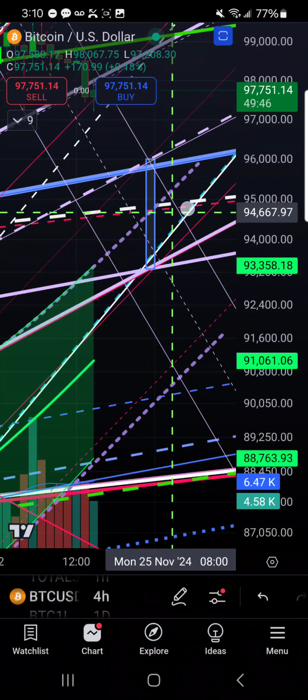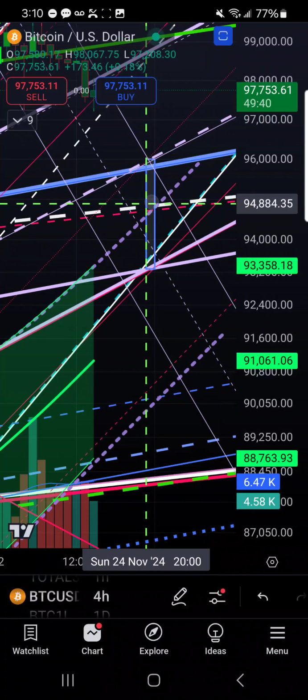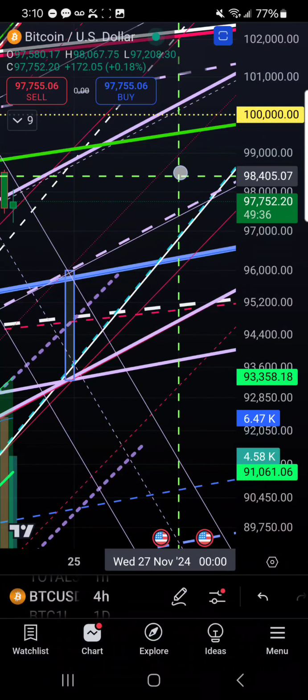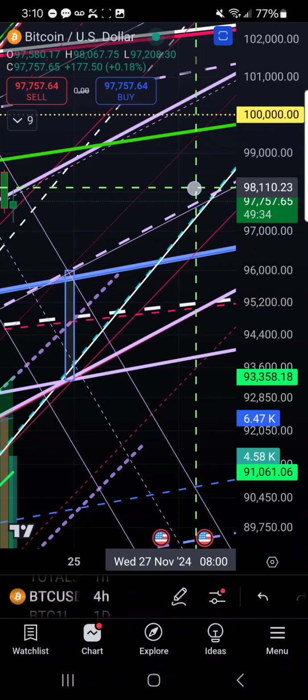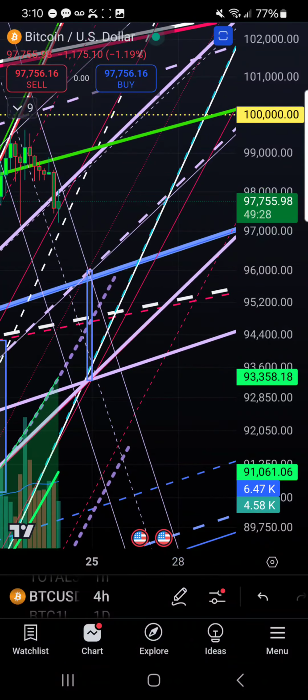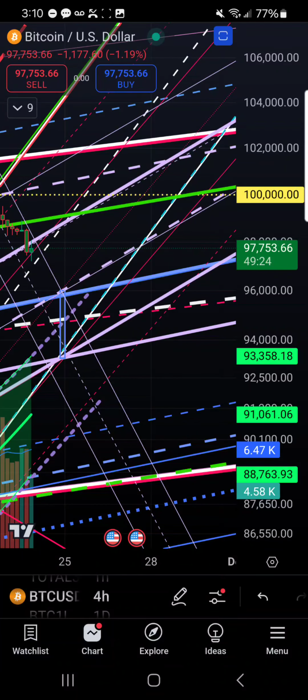Even if we wick down into there, we might be able to wick and escape. But I think even if we do that, eventually we will come back into contact with that Gaussian channel. Somewhere over here, maybe later on in the week, maybe even Thanksgiving Day, we might see a huge Thanksgiving dump, like the one they did on us around the 4th of July.